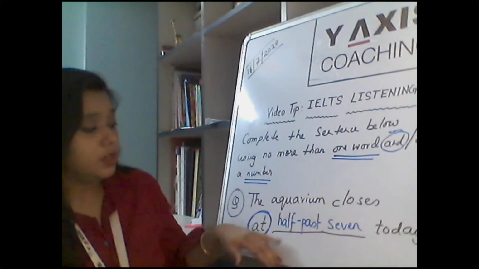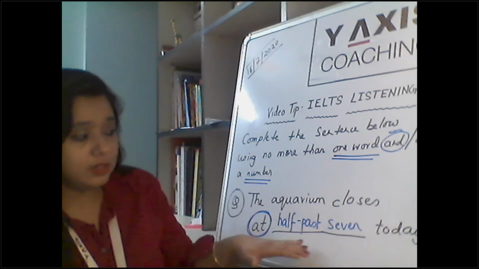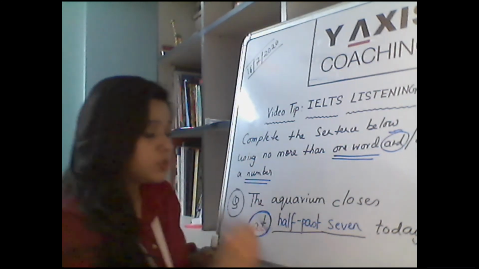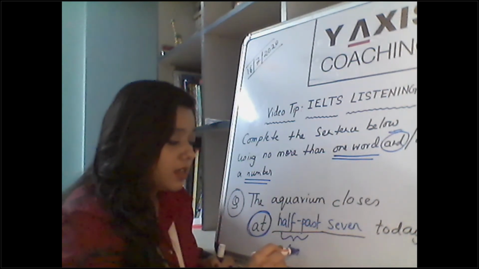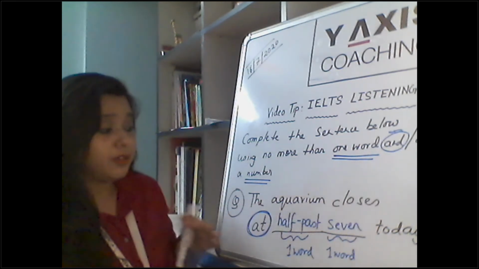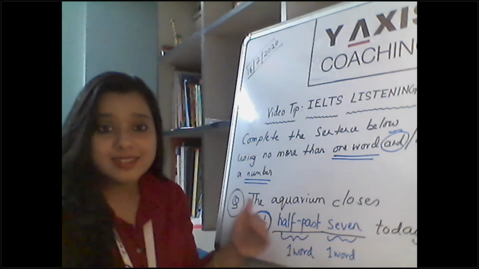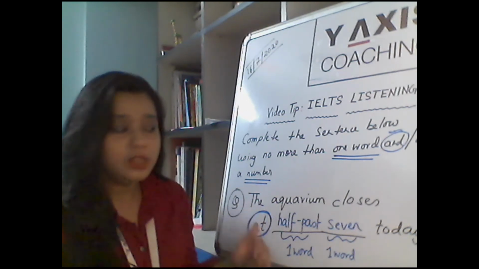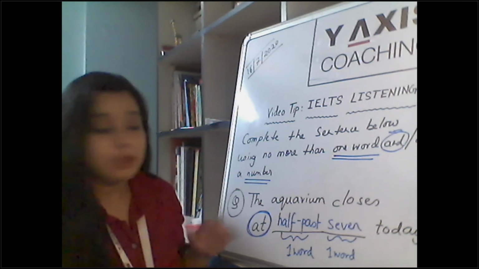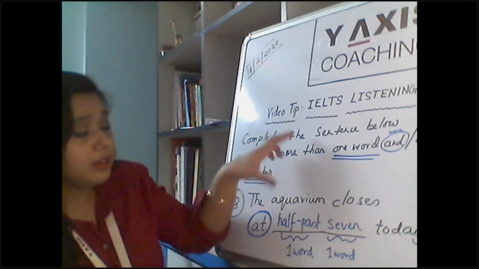Of course not. So 7:30 is having two words. Half past is one word because it is a hyphenated word, and 7 is another word. So if the test taker writes this because that's exactly what he has listened to, he will never get 1 mark for this question because he has not adhered to the question task.